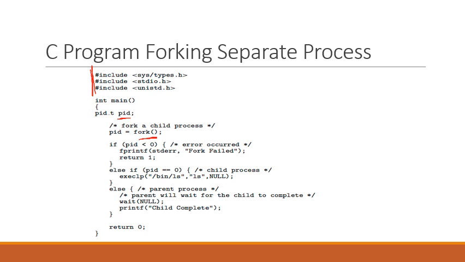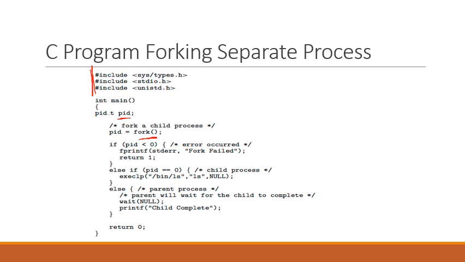Now, as I said earlier, the fork system call will return an integer value in the parent process, and this integer value is the identifier of the child process. Whereas in the child process, the fork system call will return value 0.